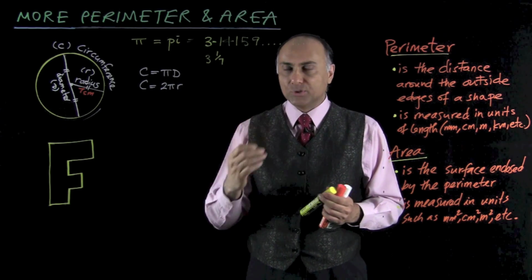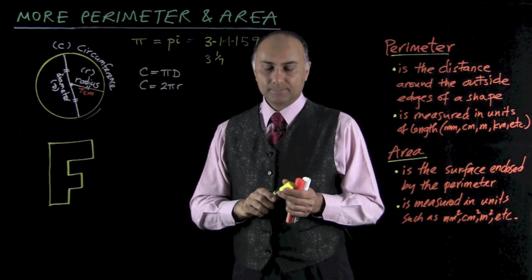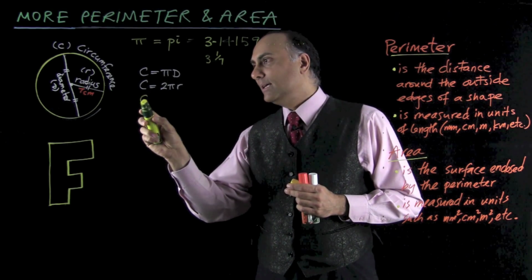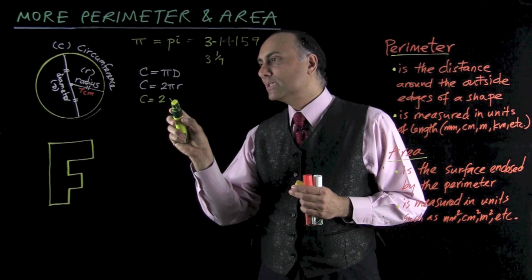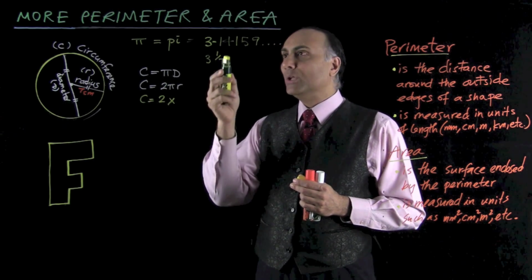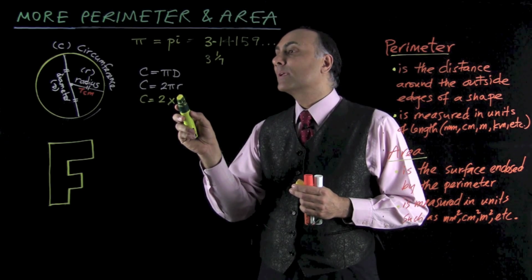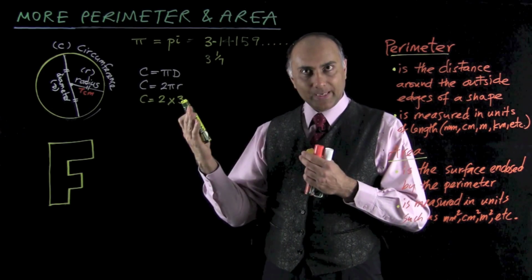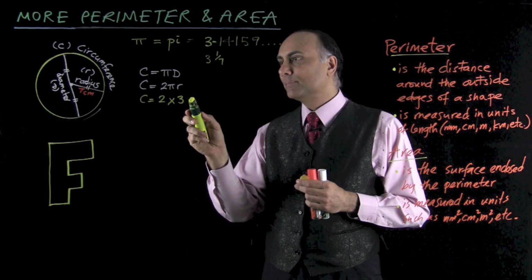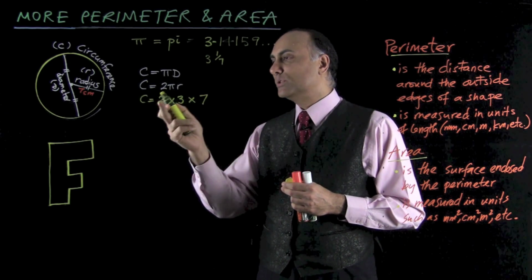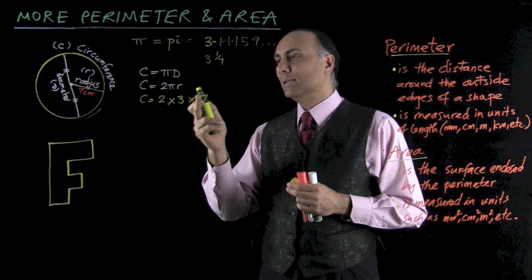One tip about substitution is first write the formula, then substitute. So for this circle, C equals 2 times pi. Now, you can take pi as 3 or 3 1/7. I'll just put it as 3 to keep the arithmetic simple, times 7. So 2 times pi times the radius.